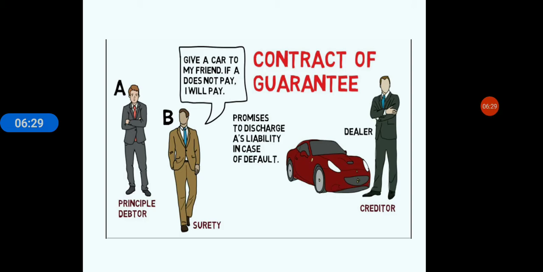Or if some loss occurs, he will call the references, the guarantor or the surety, and say, see, due to your reference I have given him the job, but now he is not working properly. So this is nothing but the contract of guarantee.